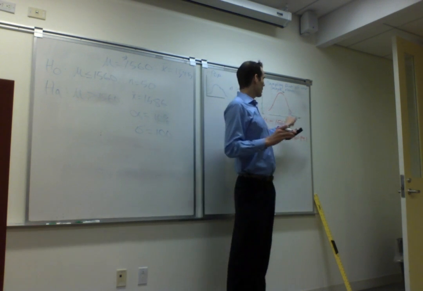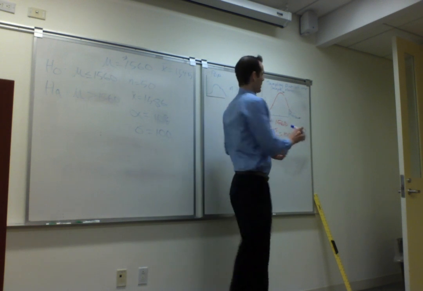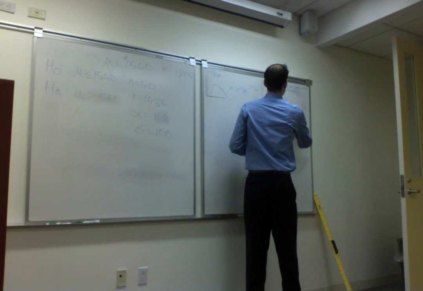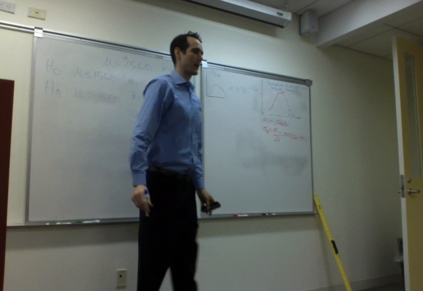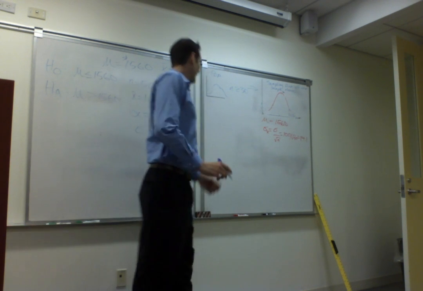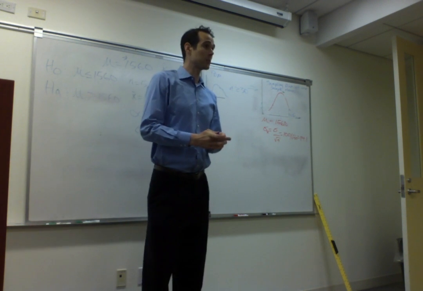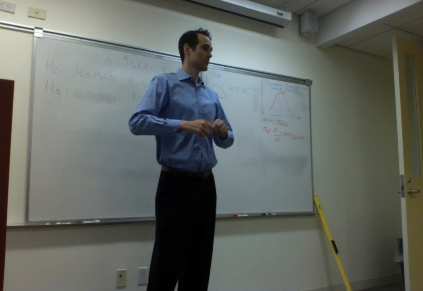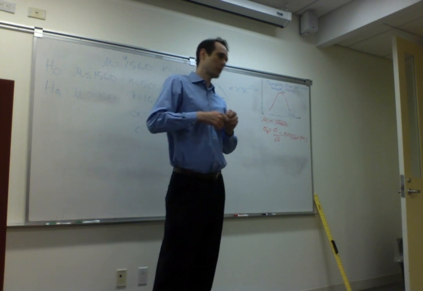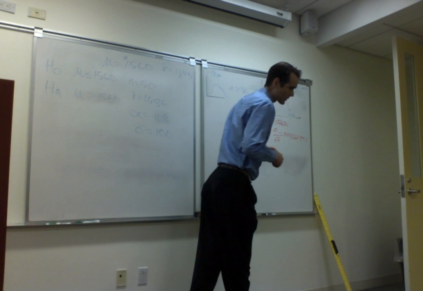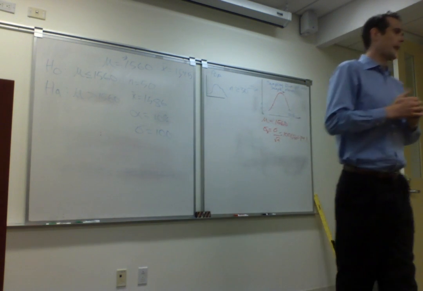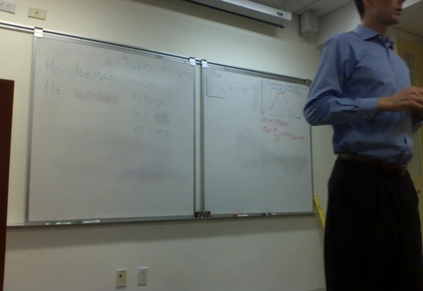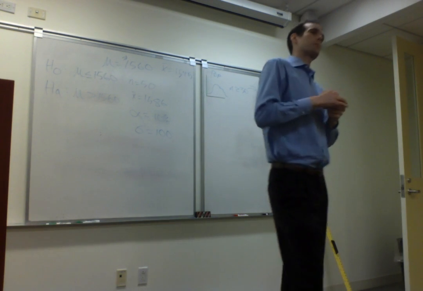In this case, it's going to be in the upper tail. So we're looking for 10% of the data. 10% of the time, we might find a mean that randomly is that extreme. We want a significance level of 10%, which means the maximum possibility of us making a mistake and rejecting a true null hypothesis is 10%.